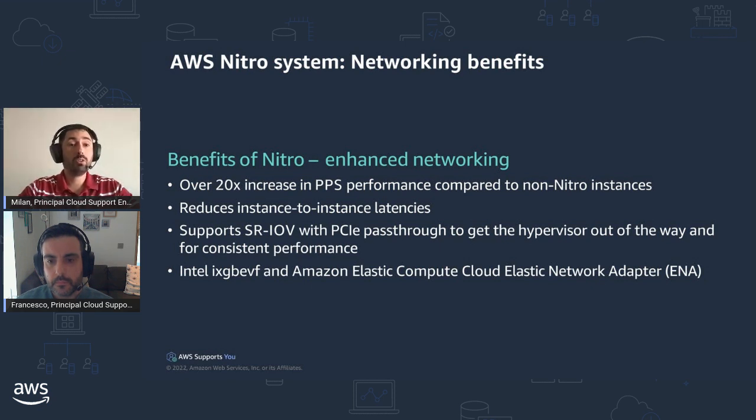We have been able to reduce the latency between instance to instance communication by implementing technologies such as single root I/O virtualization with PCIe pass-throughs, bypassing the hypervisor completely and providing very consistent performance. Enhanced networking in AWS comes in two flavors: the Intel IXGBVF, which is the old Intel-based enhanced networking available in C3 instance families, and then ENA, which stands for Elastic Network Adapter.